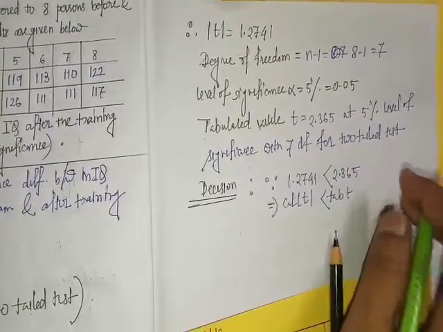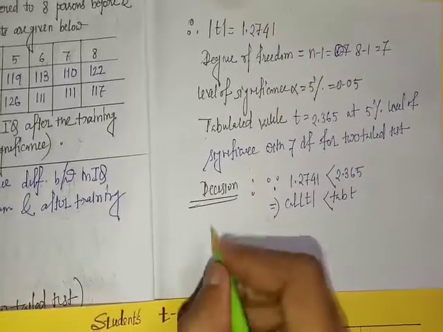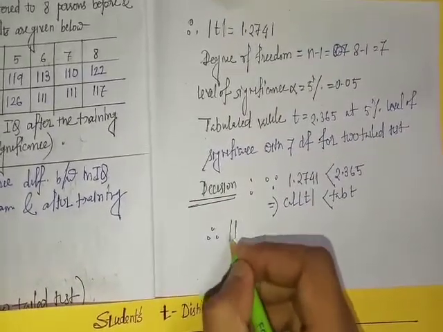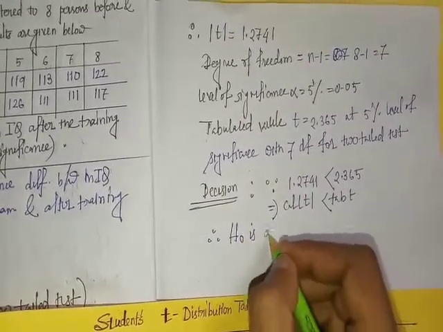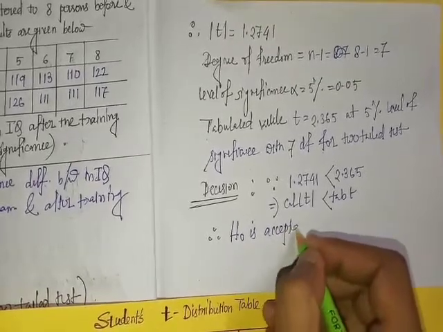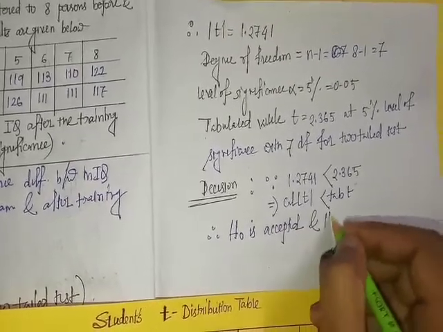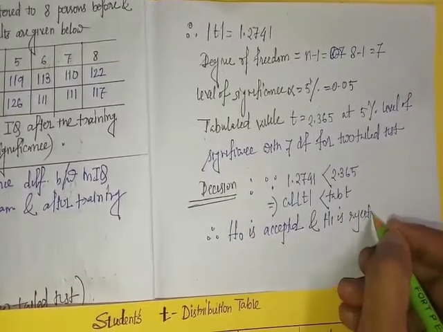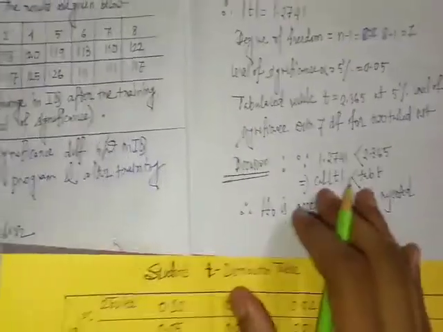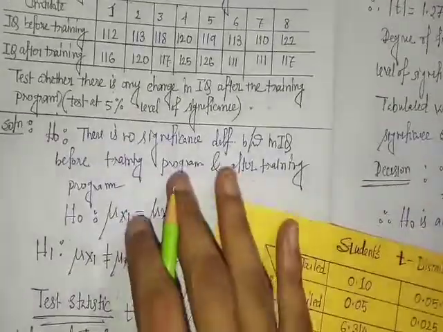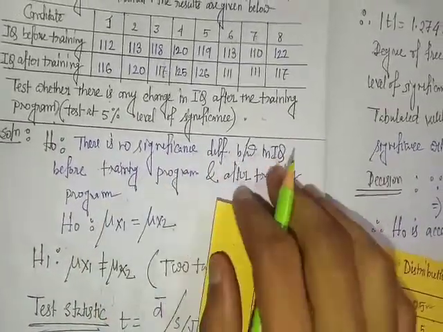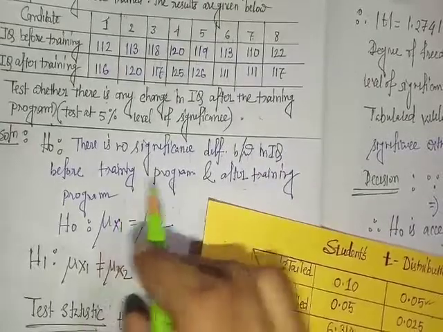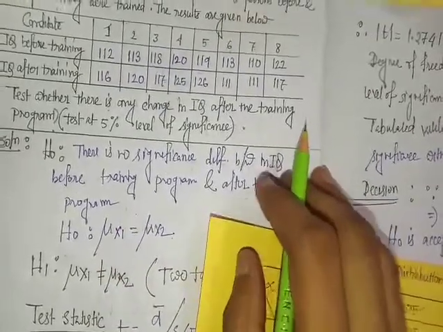Therefore the null hypothesis is accepted and the alternative hypothesis is rejected. Since the null hypothesis is accepted, this statement is true. So there is no significant difference in IQ before training program and after training program.